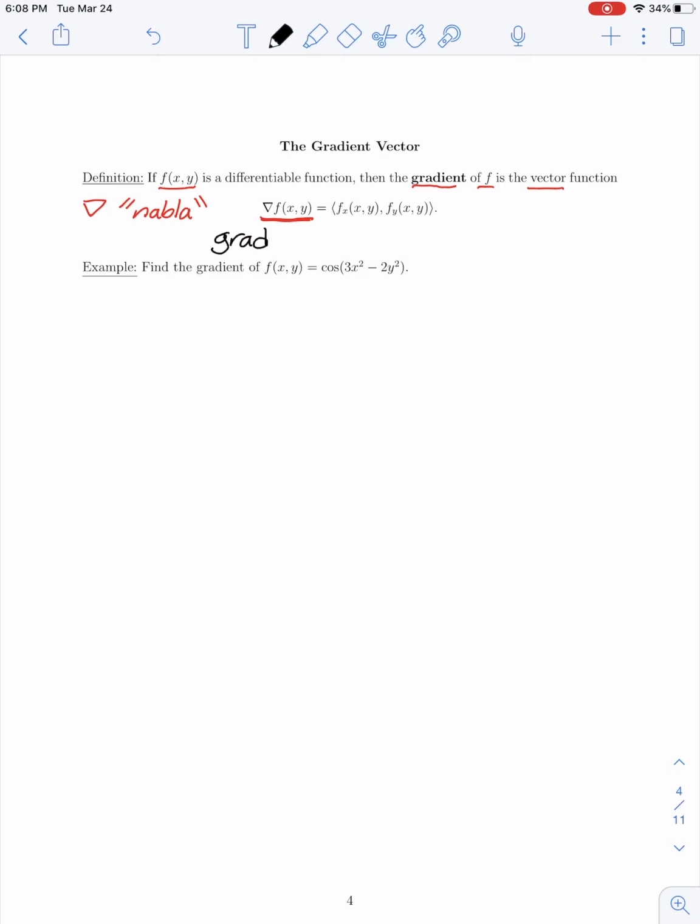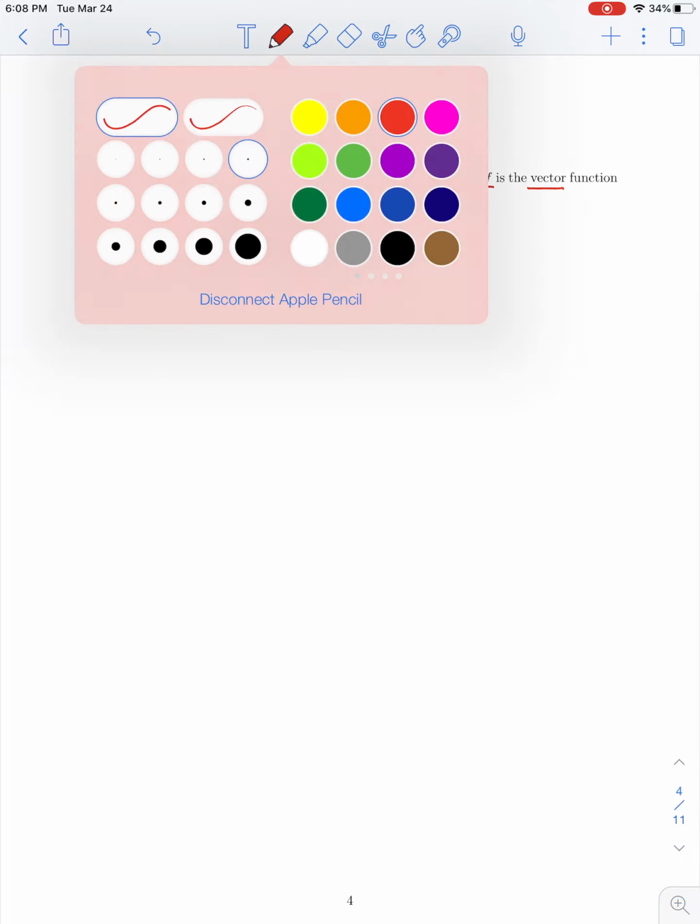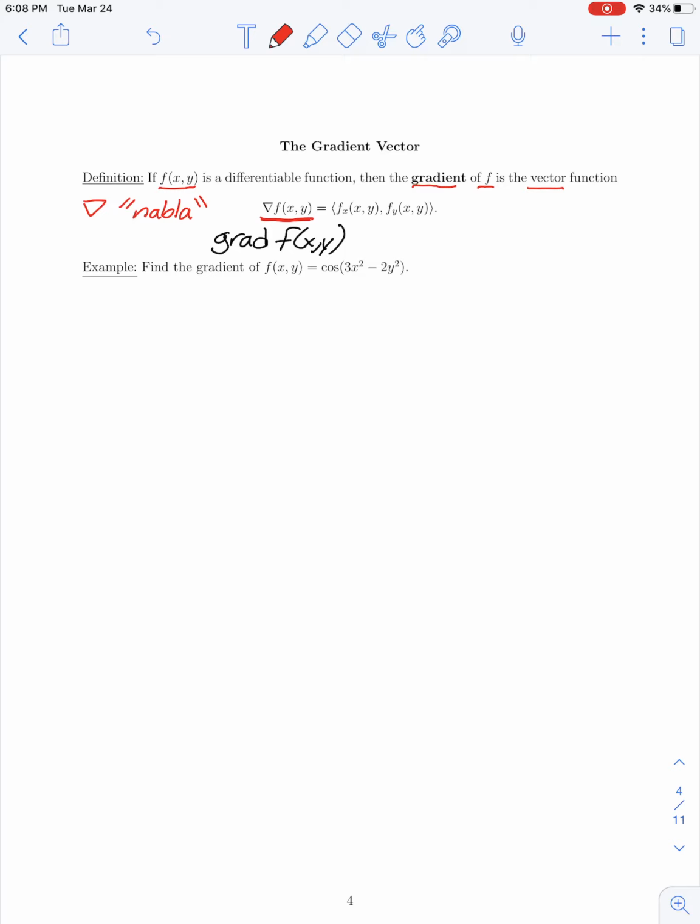Or we could also use the notation grad f of x and y, grad being short for gradient here. And the gradient vector is defined as the vector whose components are the partial derivatives of our function with respect to x and with respect to y.